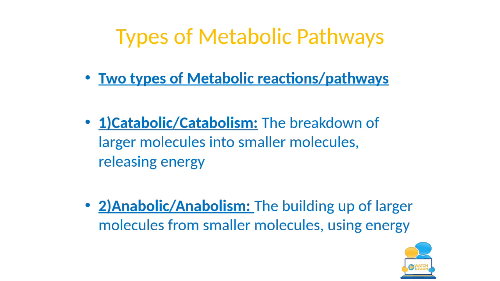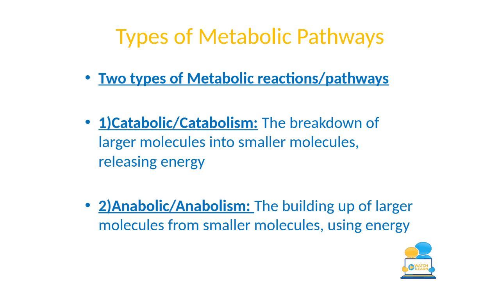And of course, metabolism is the sum of all the chemical reactions within the cells of living things or within an organism. So again, in an exam, they may ask you two types of metabolic reactions or two types of metabolic pathways. We mentioned this in the previous slide when we talked about catabolic and anabolic.